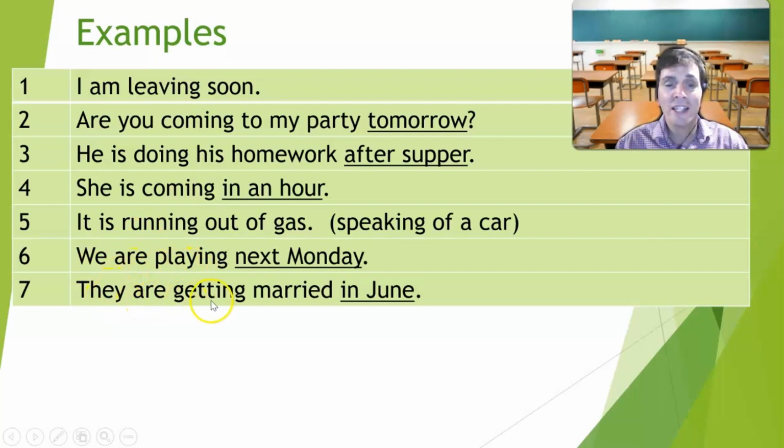They are getting. So these are present continuous sentences, but we're referring to an action that's happening in the future. And we know that because we've got expressions like soon, tomorrow, after supper, in an hour, next Monday, and in June. So we can use these time expressions to show that we are talking about a future action.